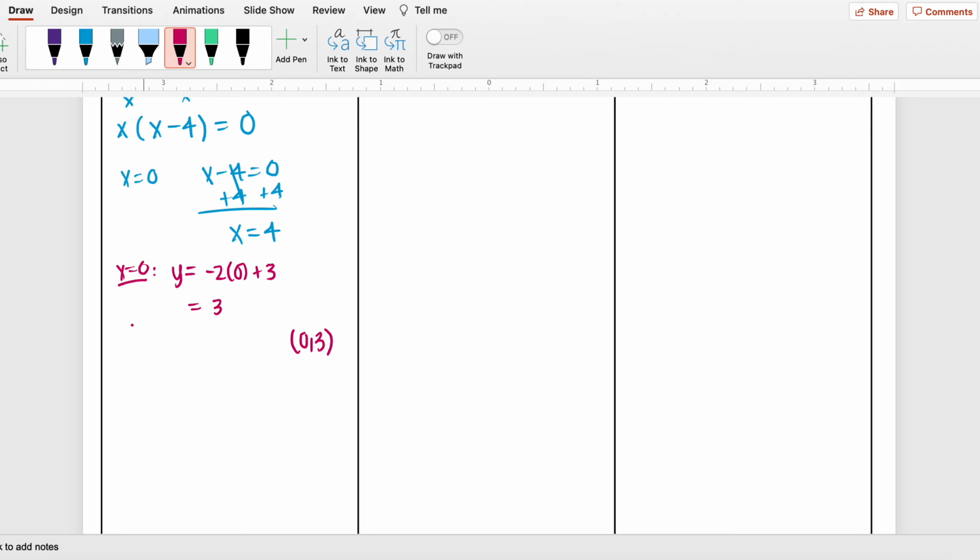And now I need to do the same thing when x equals 4. So then I have that y is equal to negative 2 times 4 plus 3. Negative 2 times 4, I get negative 8 plus 3, which is going to be negative 5. And so that means that my other point is 4, negative 5. And so those are my two solutions.